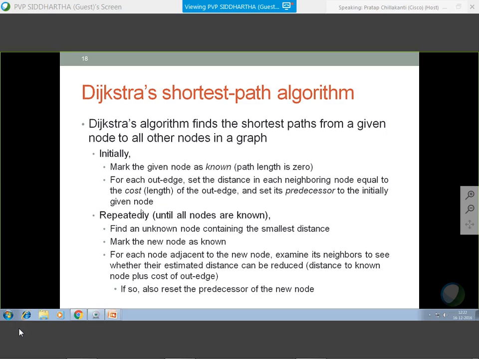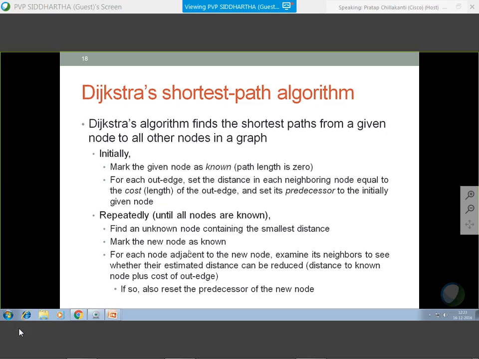That is what the second bullet says. And you are basically repeating like that until all the nodes are known. That means what is he doing? He's basically calculating the shortest distance from one node to another one. It's called node pairs. So once you calculate those distances, then it becomes easy.